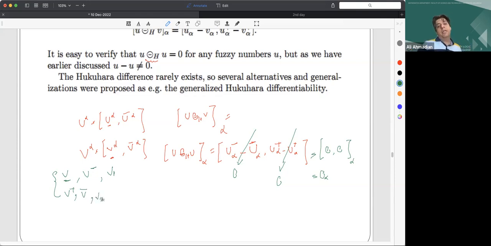All of these, this one for the lower bound and this one for the upper bound, are the same concept, just with different notations. So it's not confusing, we just change the notation.